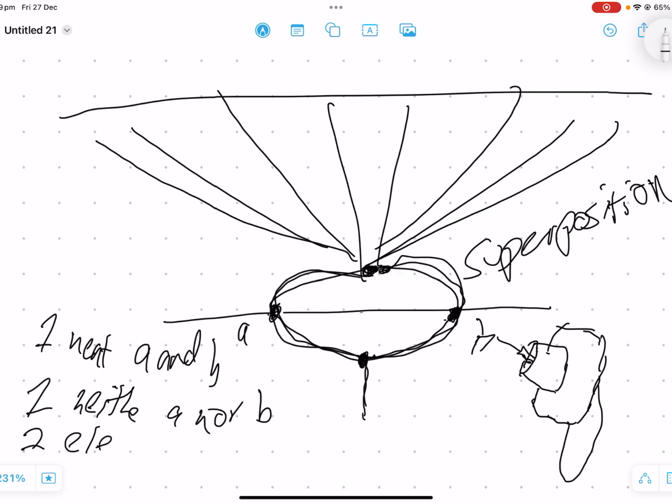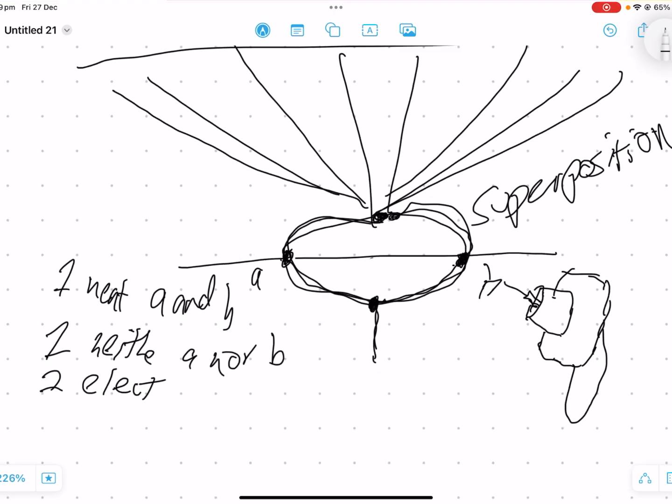This is all the same electron. Let's call this electron S, for my name. S went through A and B simultaneously.